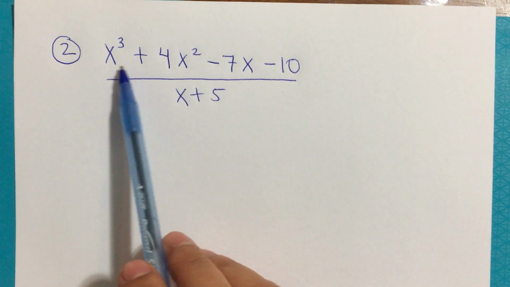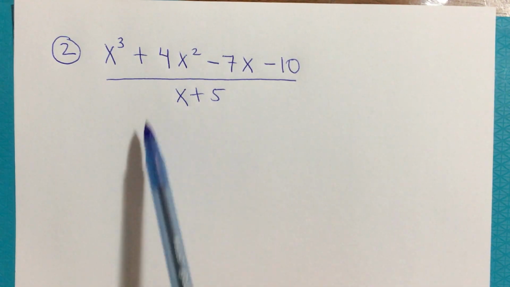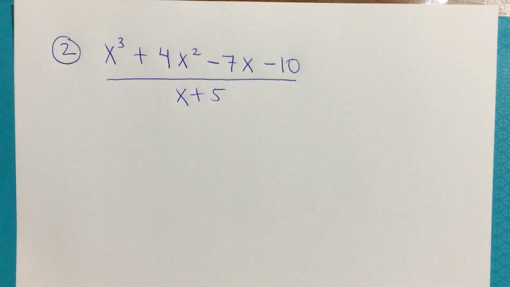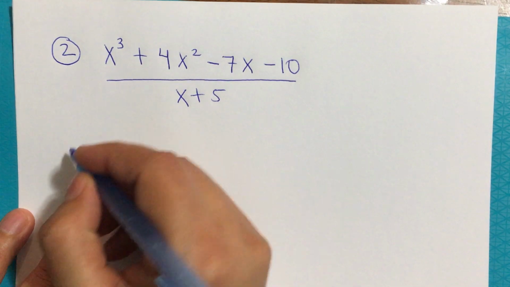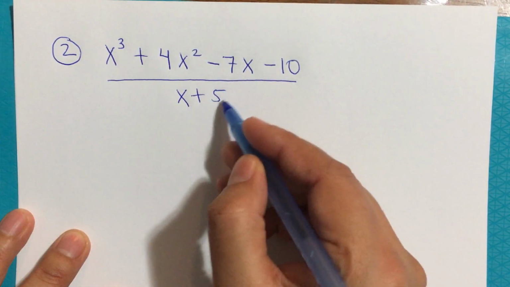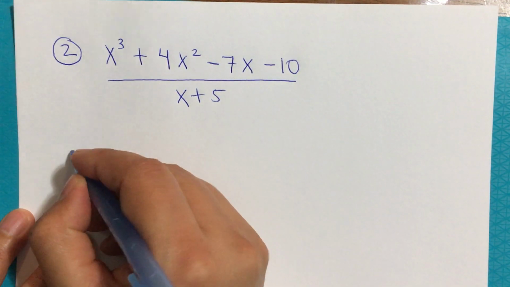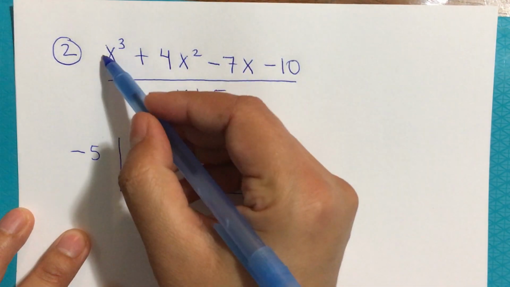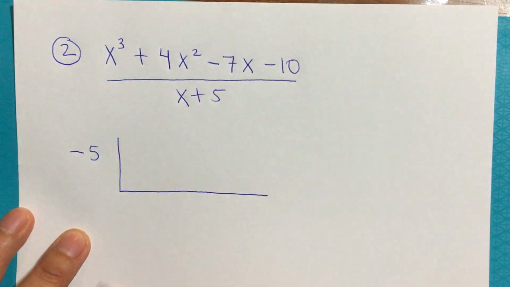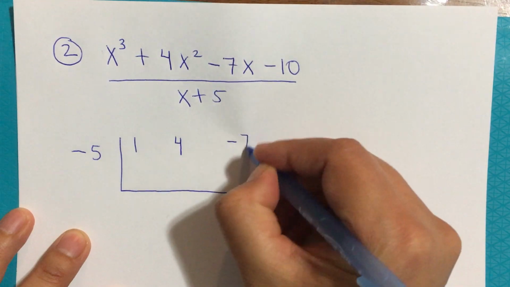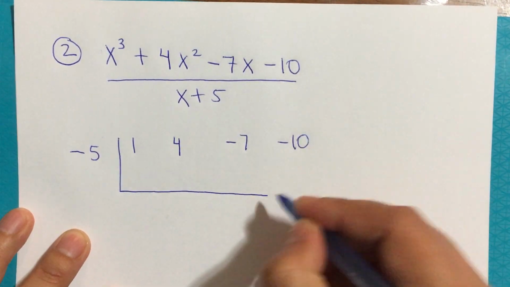Okay, for number 2, I'm going to use the same polynomial, but I'm getting as the divisor one of the other 2 factors. But now I'm just going to be using the synthetic division. Again, what we do is change the sign of this right here, this constant. It's -5. We put the coefficients of each one of the terms, so it's 1, 4, -7, and 10, including the constant.